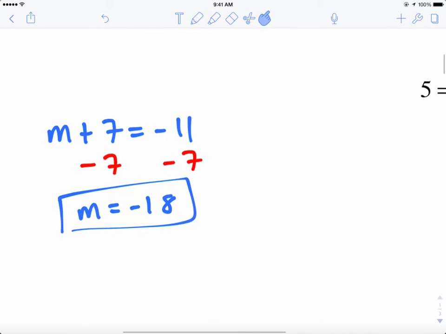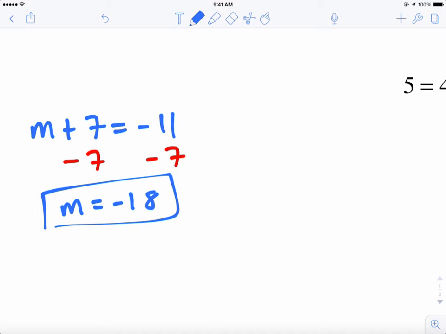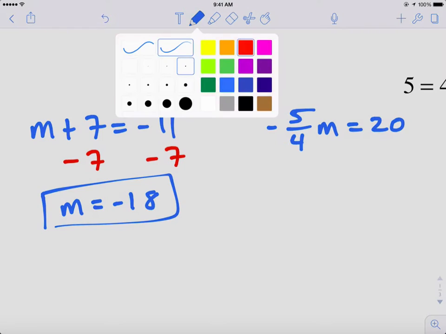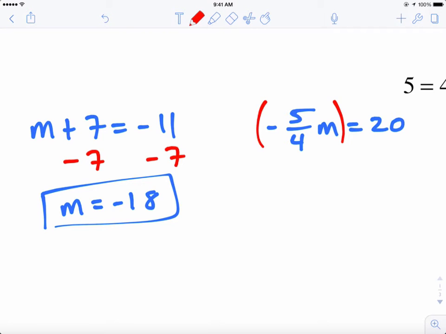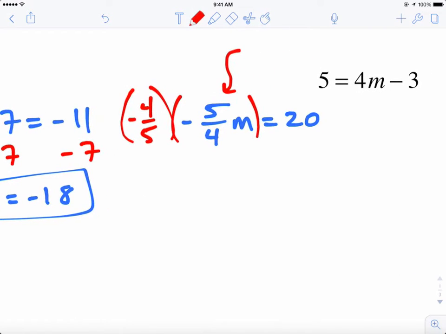Or perhaps a multiplicative one-step equation in which negative 5/4 times m was equal to 20, in which case all we had to do was multiply both sides of the equation by the multiplicative inverse of this coefficient, in this case negative 4/5, and we would end up with a new equation in which these two multiply to 1.